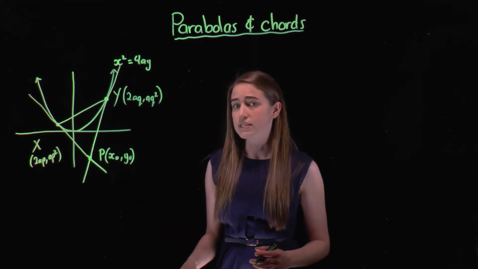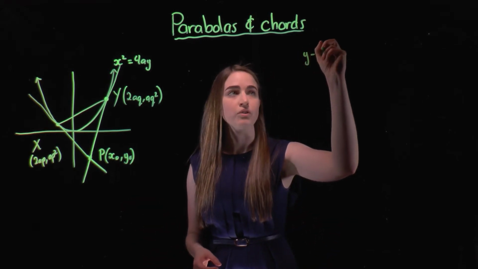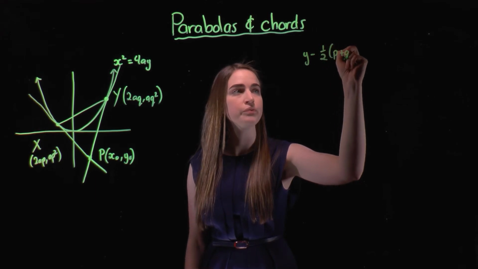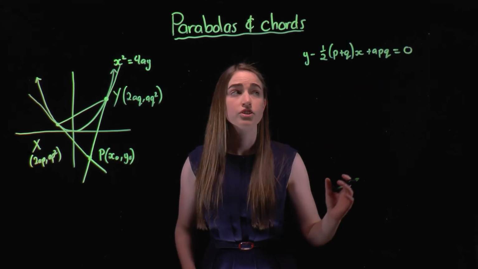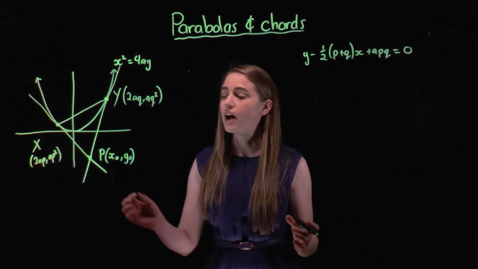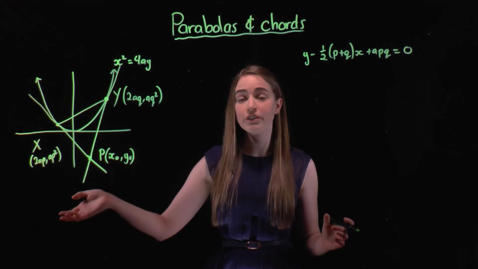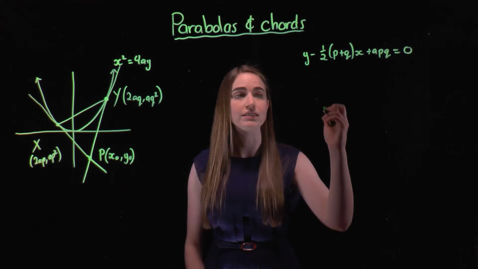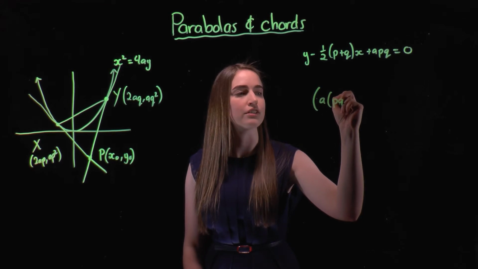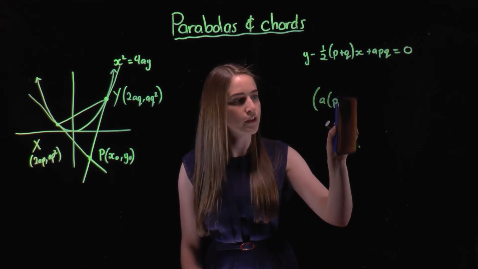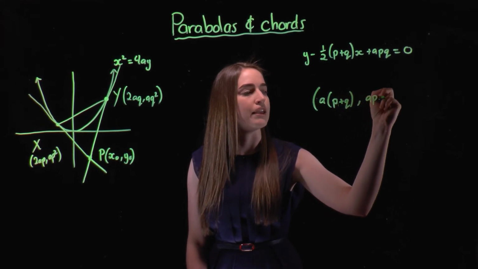So we know from what we just did earlier in the video that any chord has equation y minus a half p plus q, x plus apq equals 0. So we also know some other information as well, and that's that they intersect at x0, y0. And from our earlier video on tangents, we know that the point of intersection of 2 tangents has coordinates a times (p plus q), not pq, p plus q, and apq.